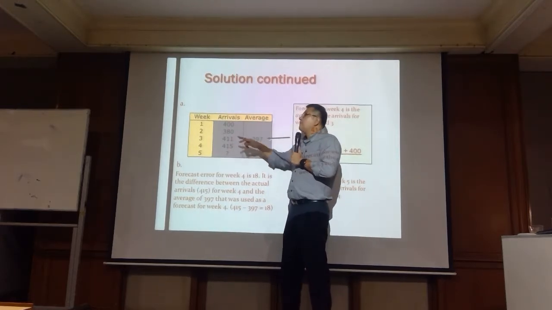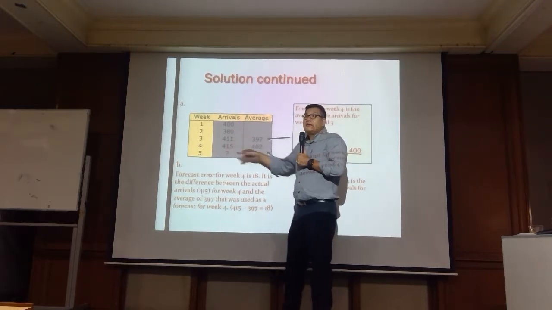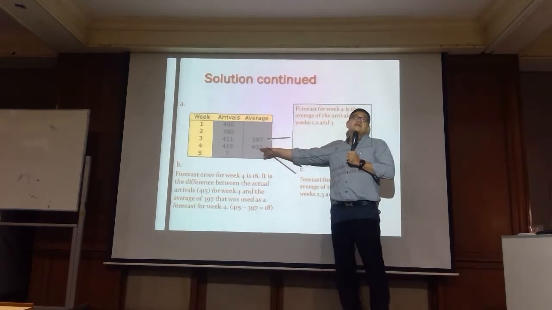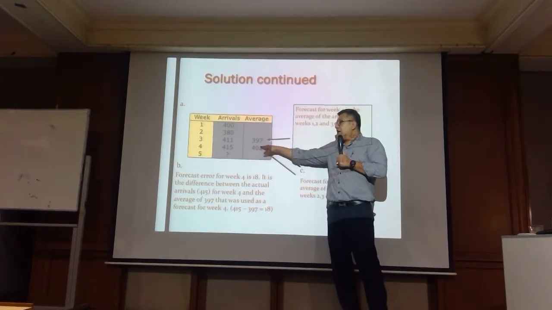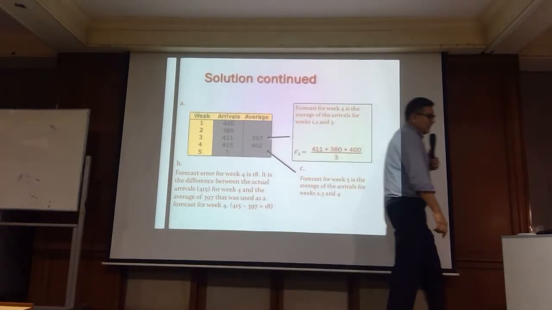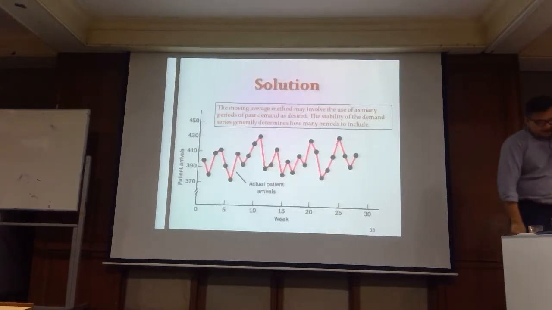So the result is 415 plus 411 plus 380, all divided by 3. So we have 402. This is the forecasting value for week 5 using a 3-week moving average. And this is the actual data.